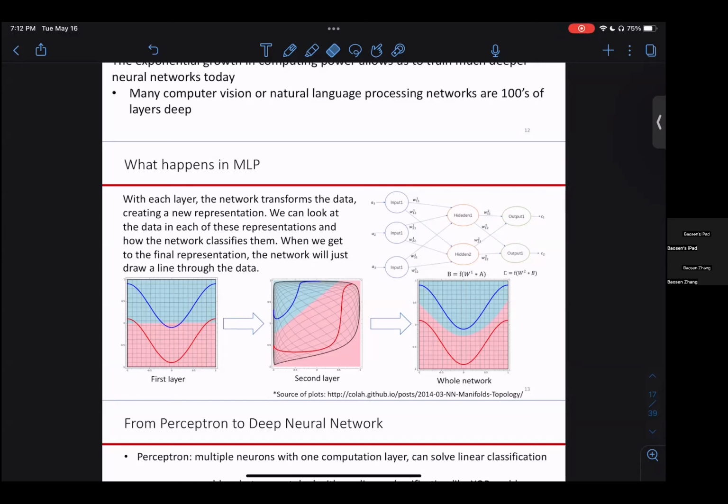And then at the output, what you can do is transform this back into the original space. When you transform back into the original space, of course, the blue and red curves don't change. What does change is that your linear separator now becomes a nonlinear separator. And this is the way you can separate these two classes of functions.